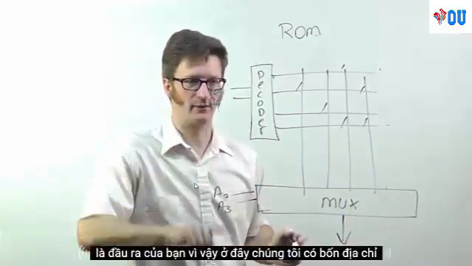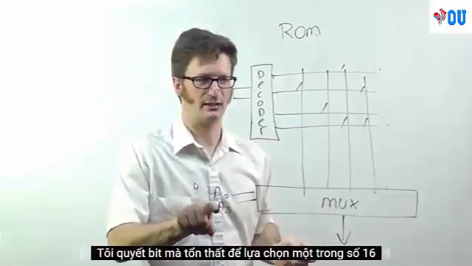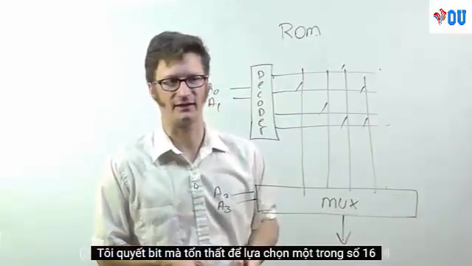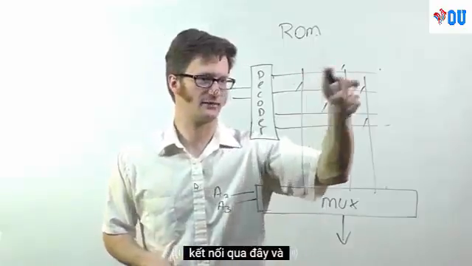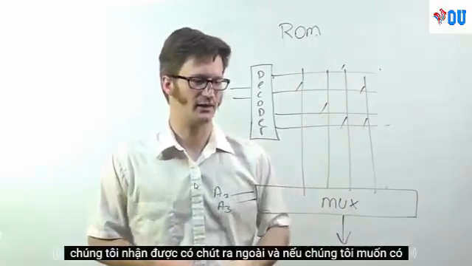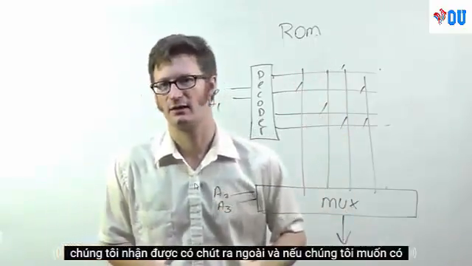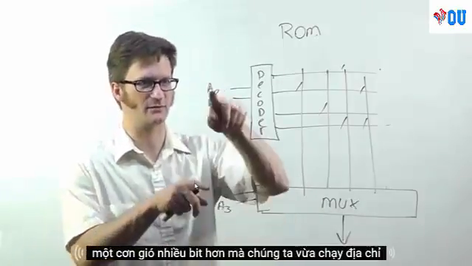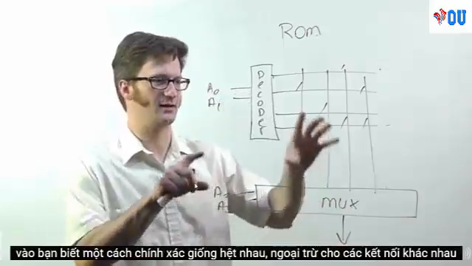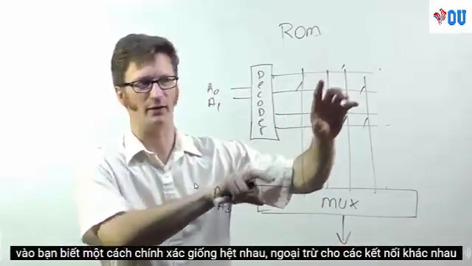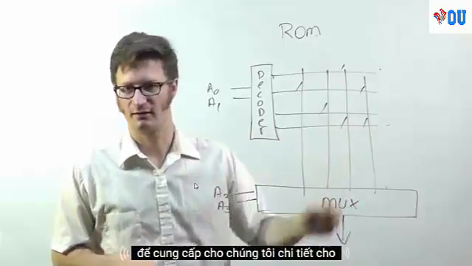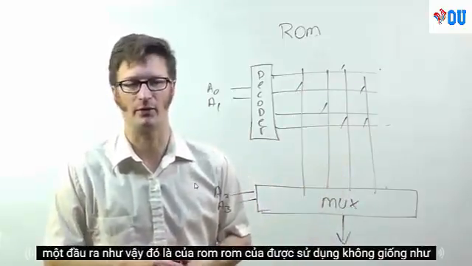So here we have 4 address bits, which allows us to select one of 16 connections over here, and we get our bit out. And if we wanted to have a multi-bit one, well, then we just run the addresses into an exactly identical one, except the connections are different, to give us data for another output.